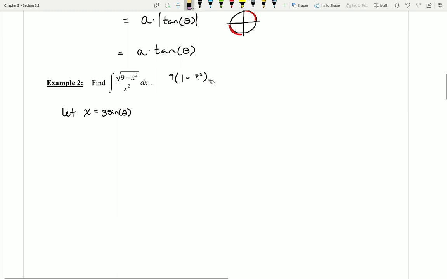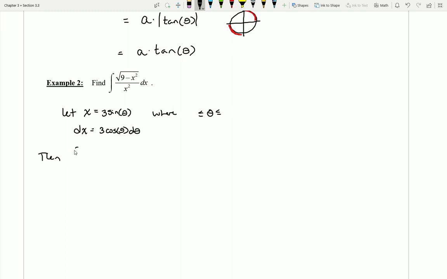Let's see how all of this works out in this specific question. I'm going to go ahead here and quickly calculate my dx as well. Notice that's going to be 3 cosine of theta d theta. I also know that I'm going to need an angle restriction on theta, but I might not remember what I'm supposed to choose for that, so I'll come back to that in just a moment.